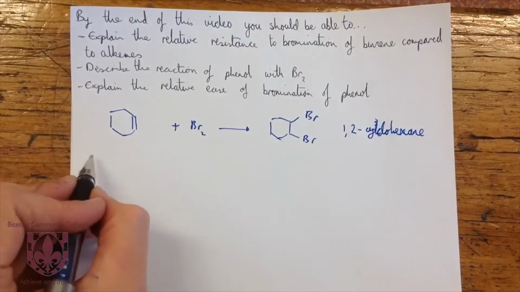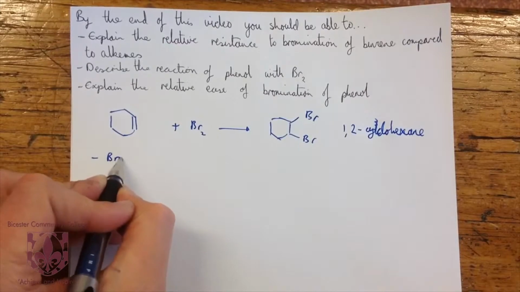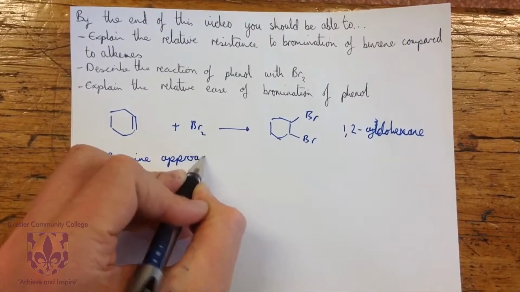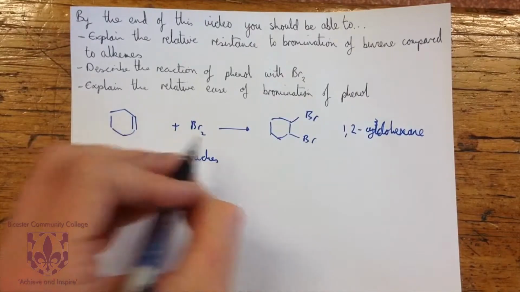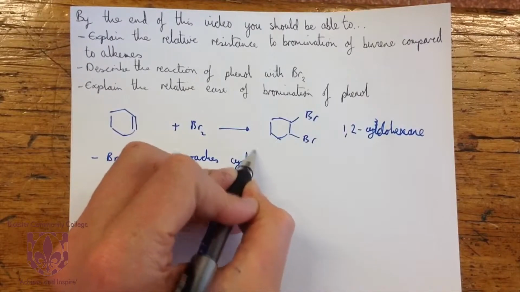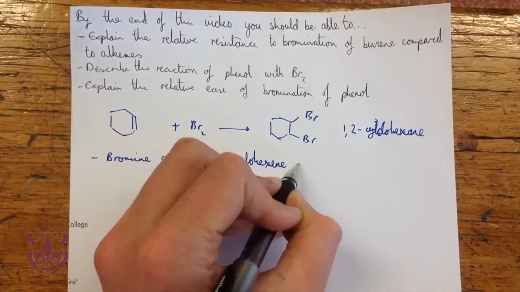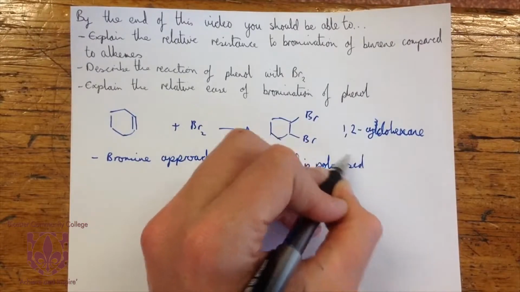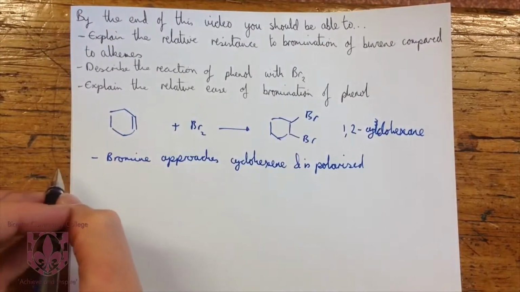Okay, and obviously the steps in our mechanism: bromine approaches this molecule, that is, approaches cyclohexene, and is polarized. Okay, so this is just like the alkene mechanisms we do for AS.